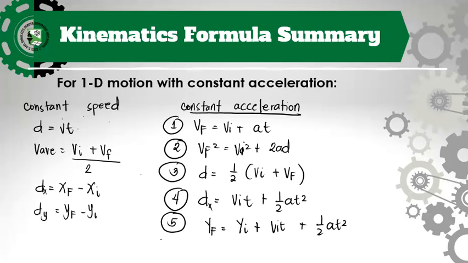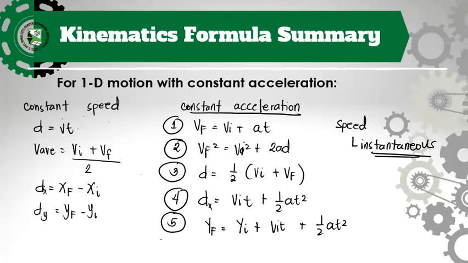So let us take note of these definitions. First is speed. Speed is the length an object travels over a period of time. So we have what we call instantaneous speed. What do we mean by instantaneous?